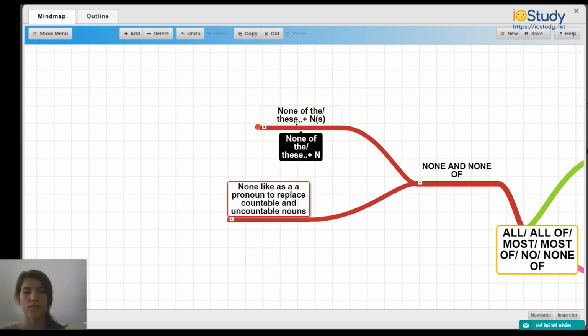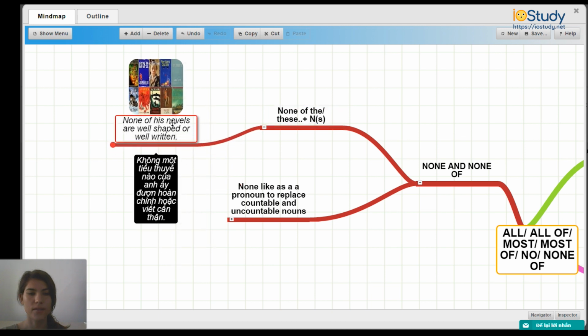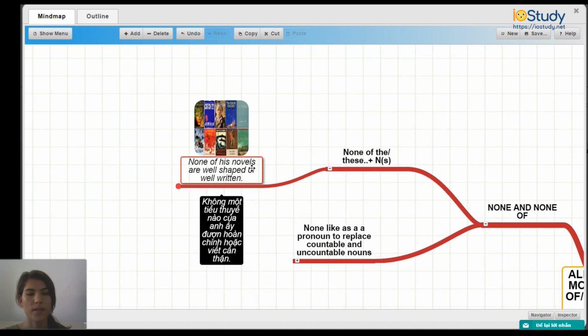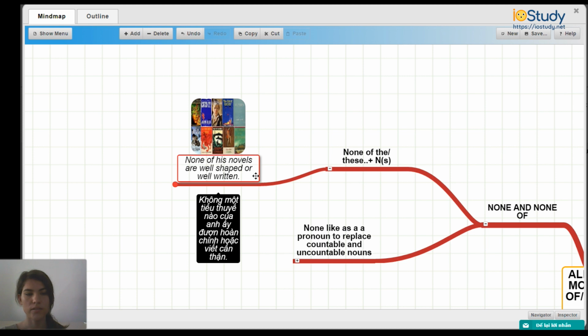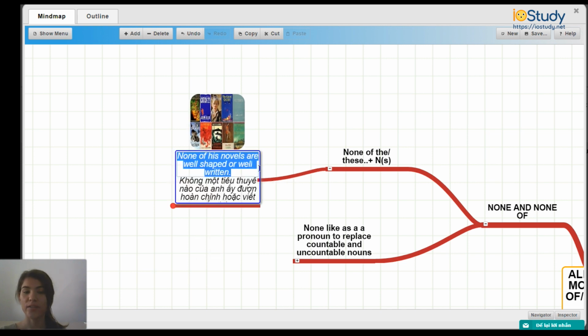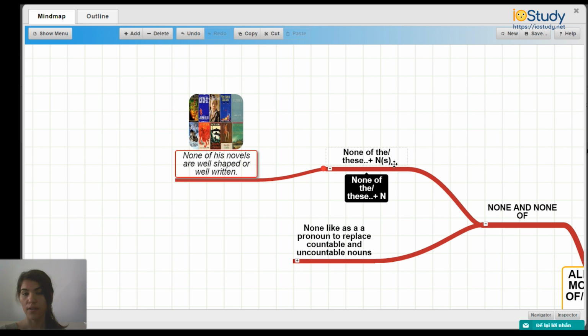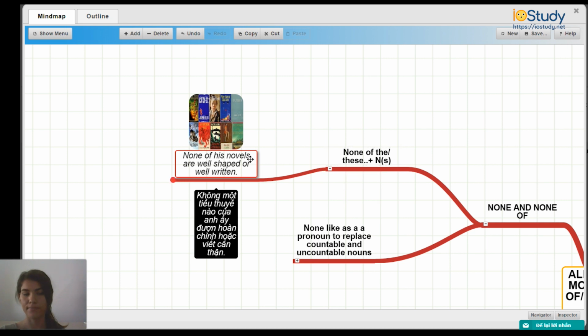So let's look at the examples for none of the, these, and a noun, plural noun. For example, none of his novels are well written, or none of his novels are well shaped or well written. So as you can see here, we are using none of the, these, plus a plural noun. So here we have the plural noun.